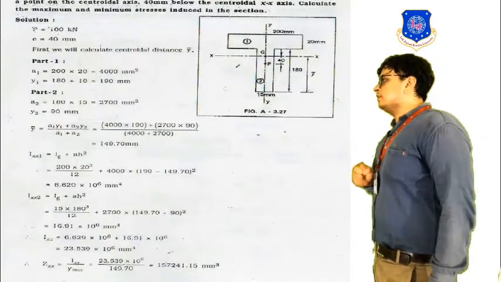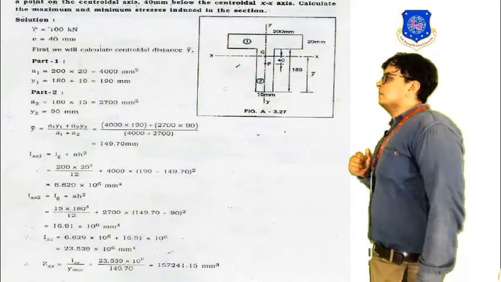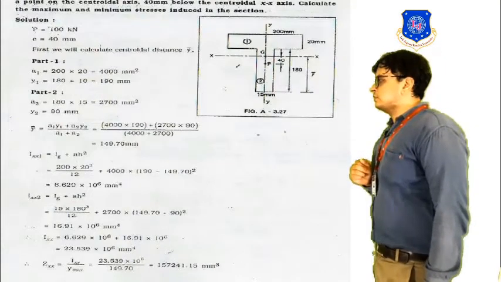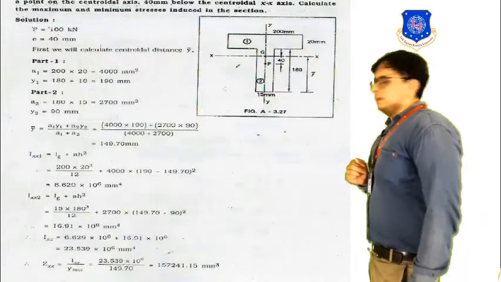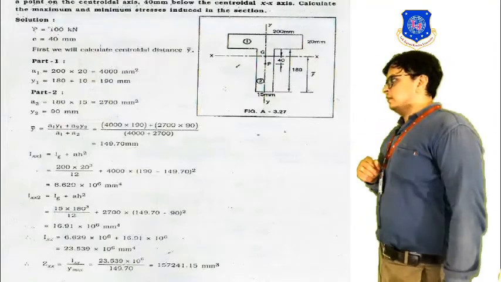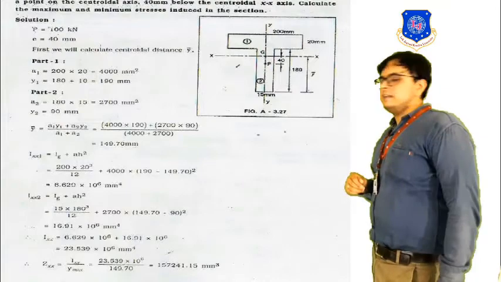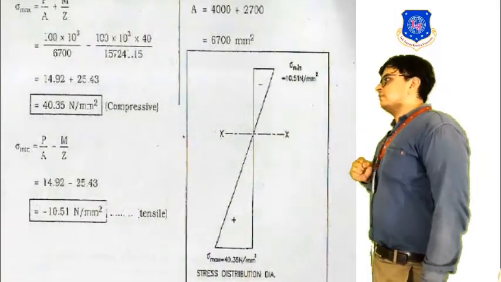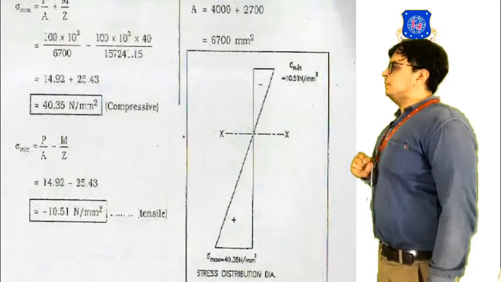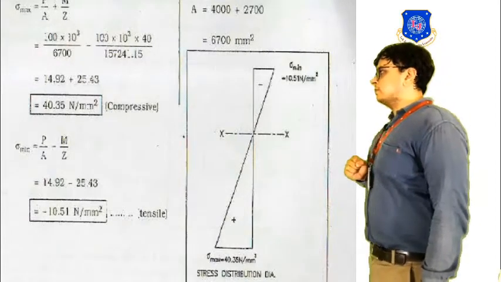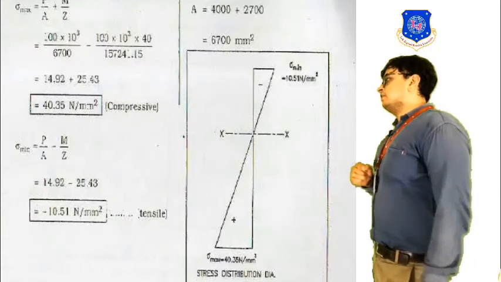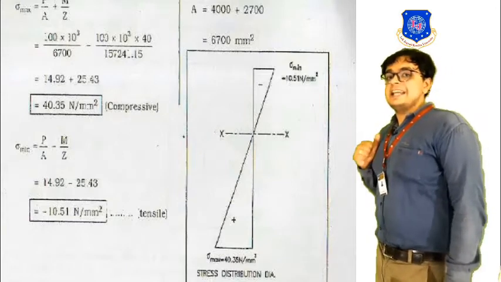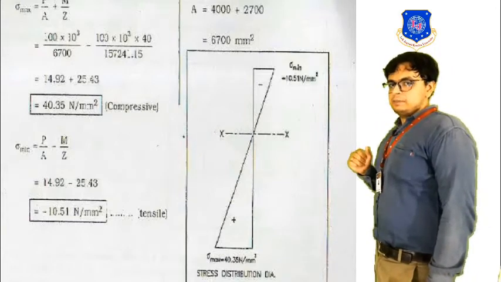So 4000 plus 2700, by this we are getting the final value of 6700 millimeter square. So this is why we are taking the area as 6700. So we have this load, 100 kilonewton by 6700. Now, this was our first term, that is the direct stress, P by A.